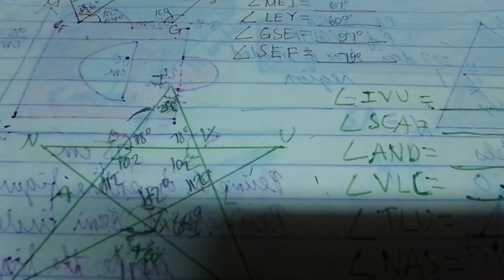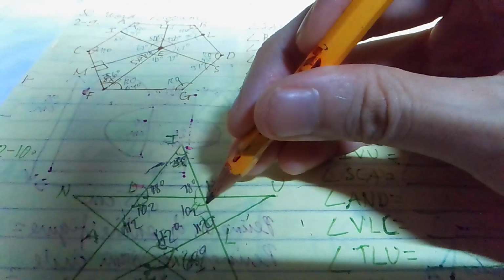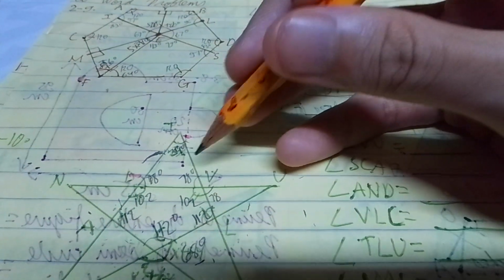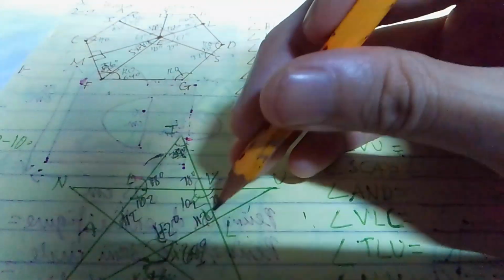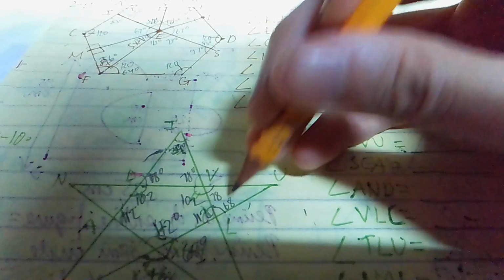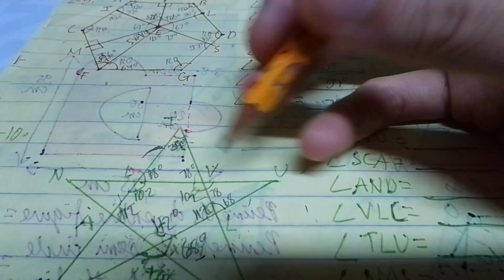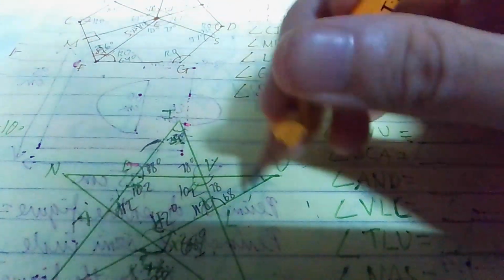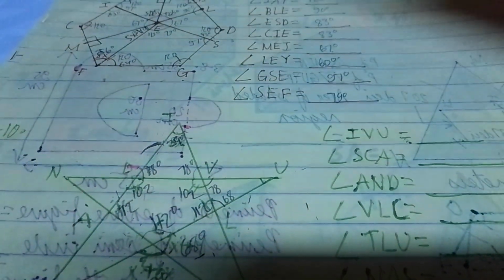What about this triangle? We have one angle that measures 102 degrees. So therefore, the other angle, you can play vertical angles, then this one is supplementary. 112, then 68. Right? Then, if you want to solve for this angle here, 180 minus the sum of the two.